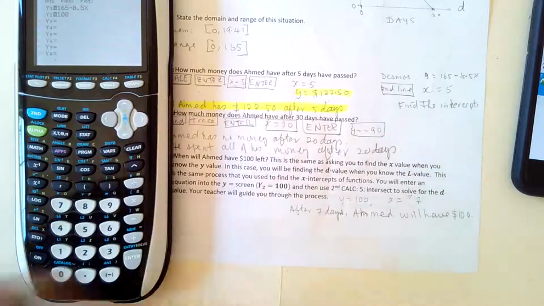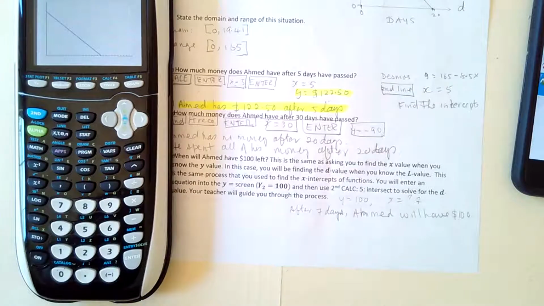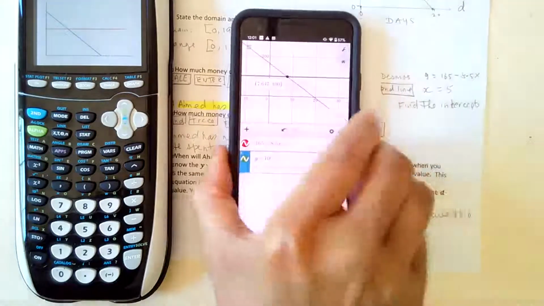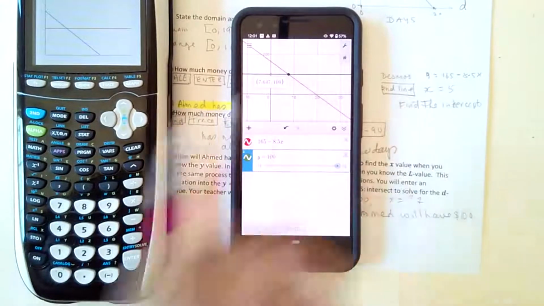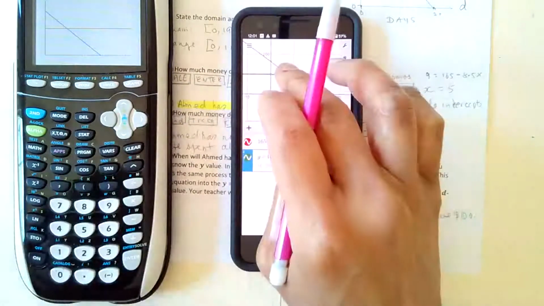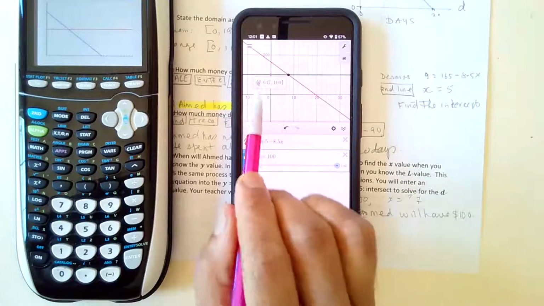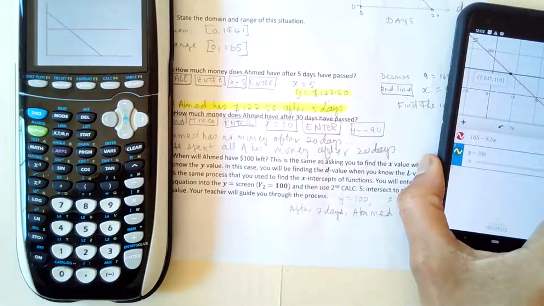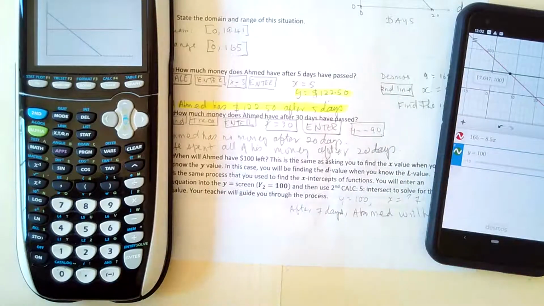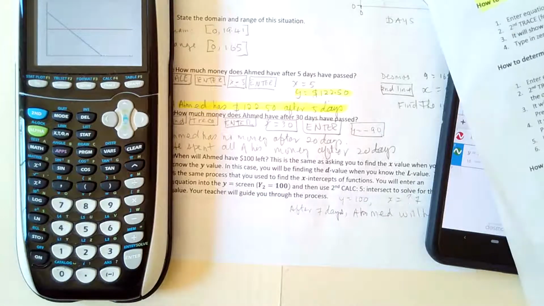Once you do that, you press graph, and you'll see a line y equals 100 comes up, which is similar to Desmos here. Except in Desmos, you just have to tap and you'll get your value for x when y is given. So y is 100, x is 7.647.